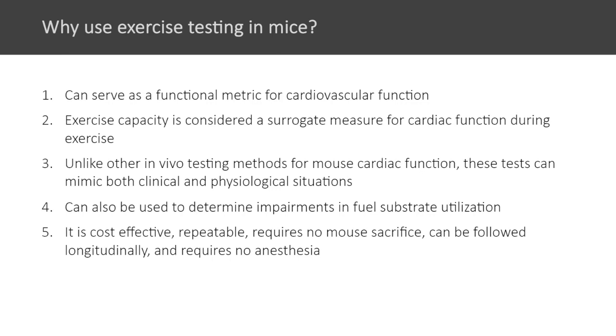We can also use these tests using the indirect telemetry measurements of gas exchange to determine impairments in fuel substrate utilization during testing, since in an exercise test, the animal goes from aerobic to anaerobic levels of metabolism. And I know that all our researchers like to hear this, but exercise testing is cost effective, it's repeatable, it requires not sacrificing your mice, and it can be followed longitudinally with no anesthesia. So it's an overall win in many categories.